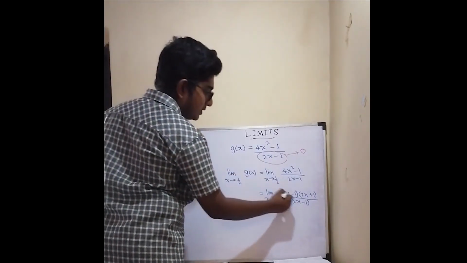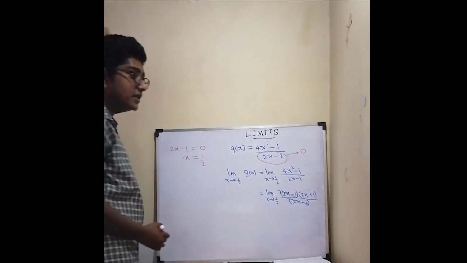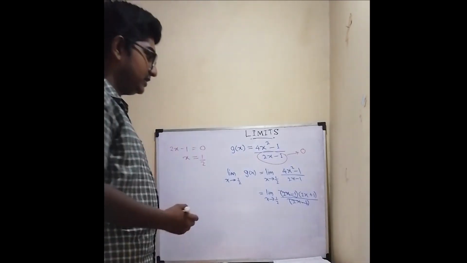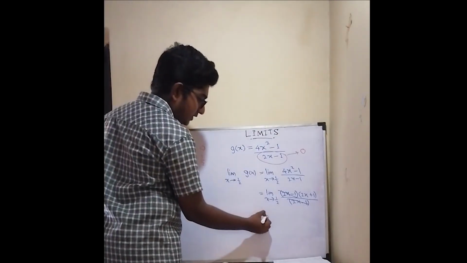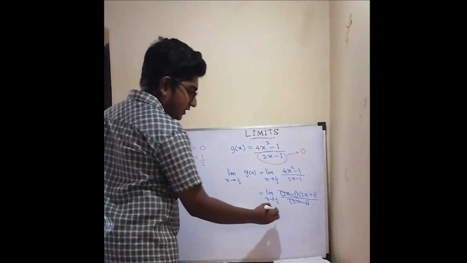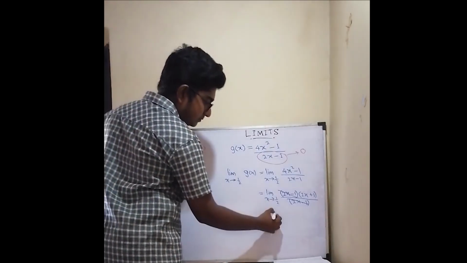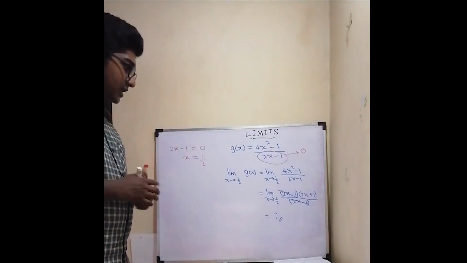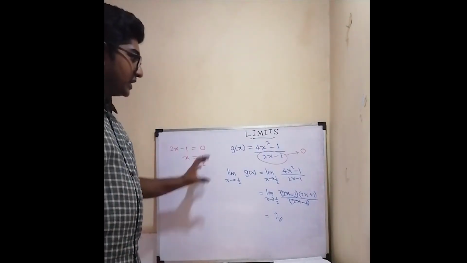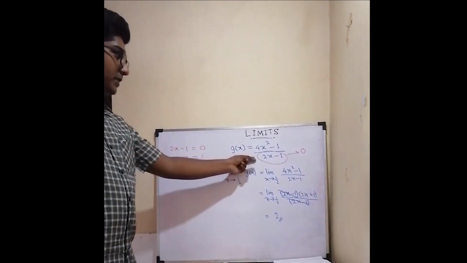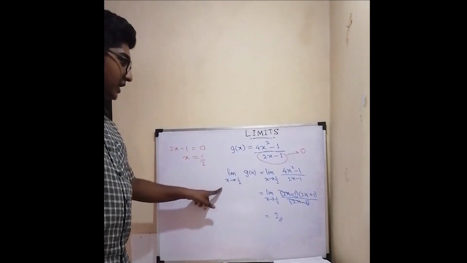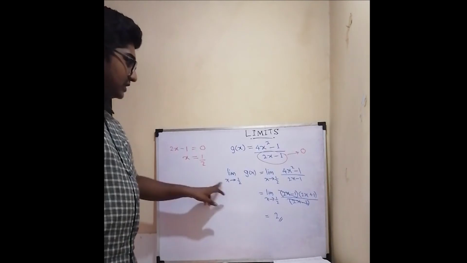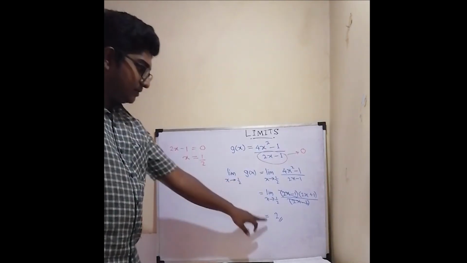From this simplification, I can get rid of that not defined expression. Then we have 2x plus 1. When I substitute x equal half, we get 2. My answer is 2. That means we can't substitute x equals half directly for this function. The denominator becomes 0. Then I have to take limits. When x tends to half, g of x becomes 2.